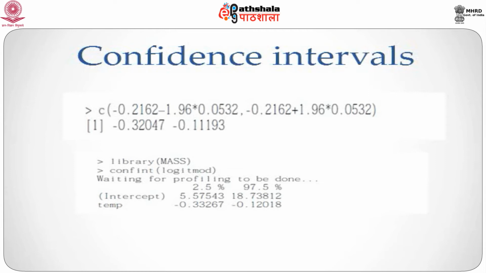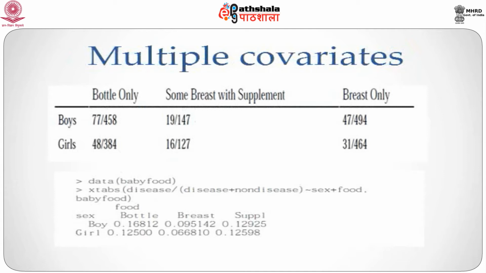The confint function is included in the MASS library of R, and the syntax is confint, within parentheses, the GLM object. This can take a bit of time, and it leads to confidence intervals for the coefficients based on the profile likelihood.